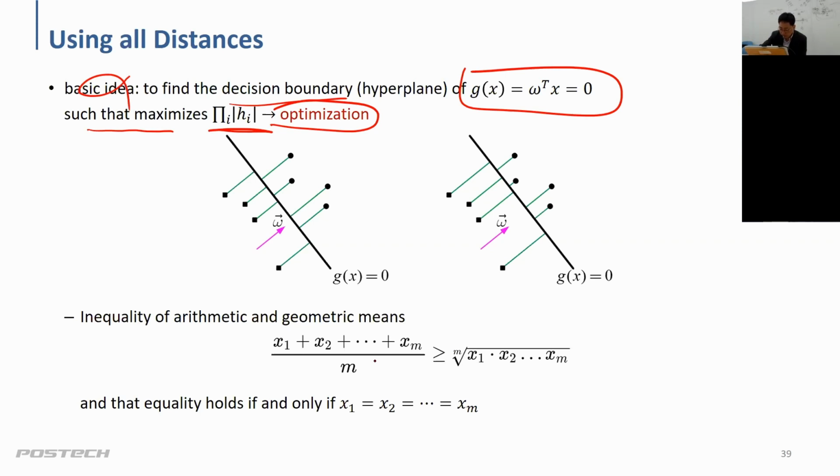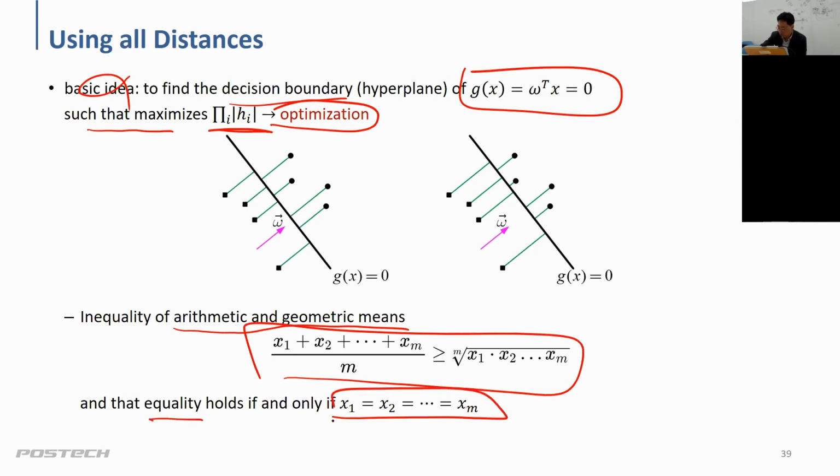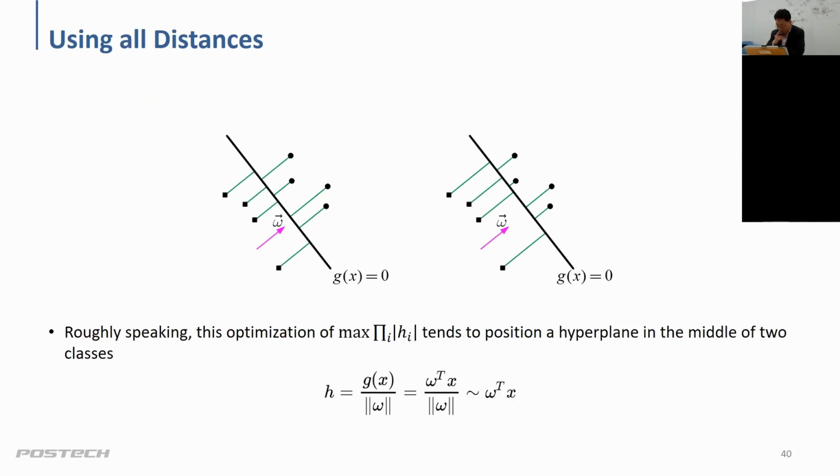Again, I generalized it and increased the number of data points, and here use arithmetic and geometric means. Still this is true, and equality holds when all the values are the same. This is kind of what I'm trying to explain to motivate the need for logistic regression. So probably that's good enough.